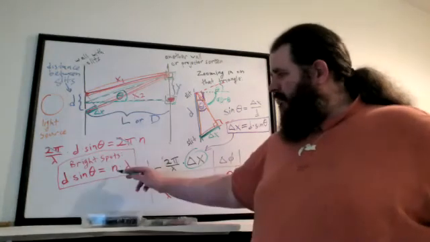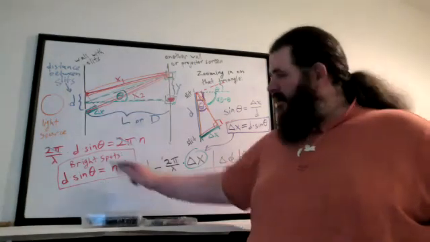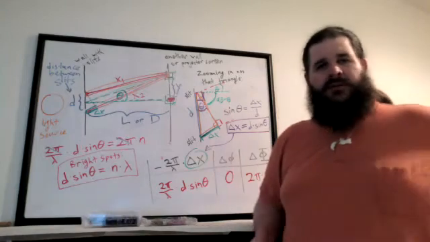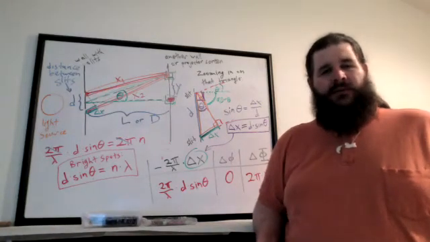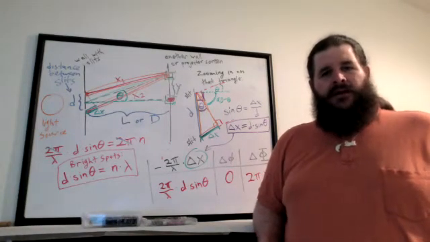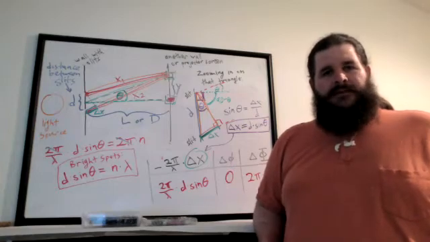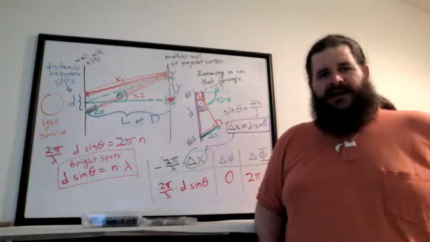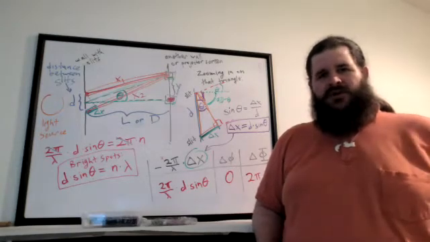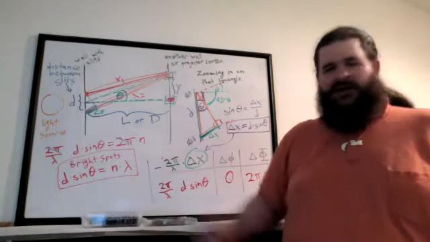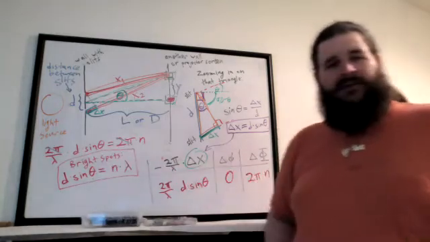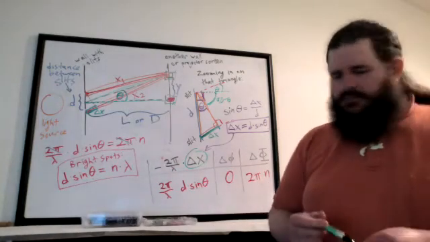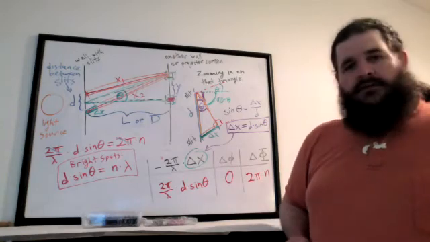You could plug in various whole numbers for n and get various angles for theta. So those would be the various angles where bright spots would appear. Okay, so they would probably give us at least 3 out of the 4? I would expect something like that, yeah. Or maybe they give you 2, and then you would plug in several values for n to find several angles where bright spots appear. Okay, thank you.